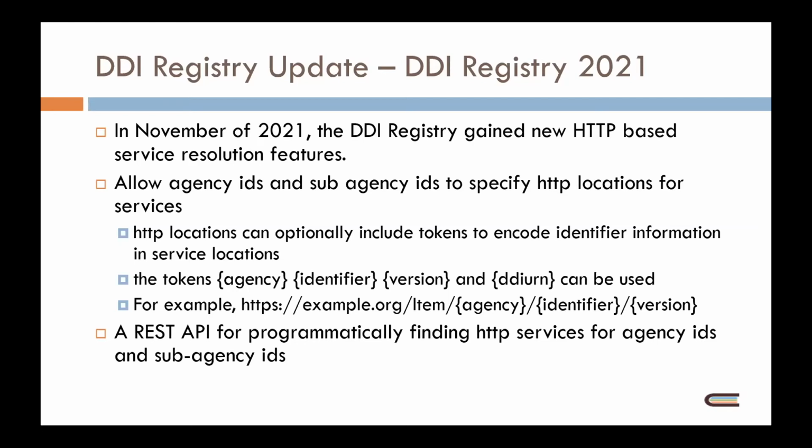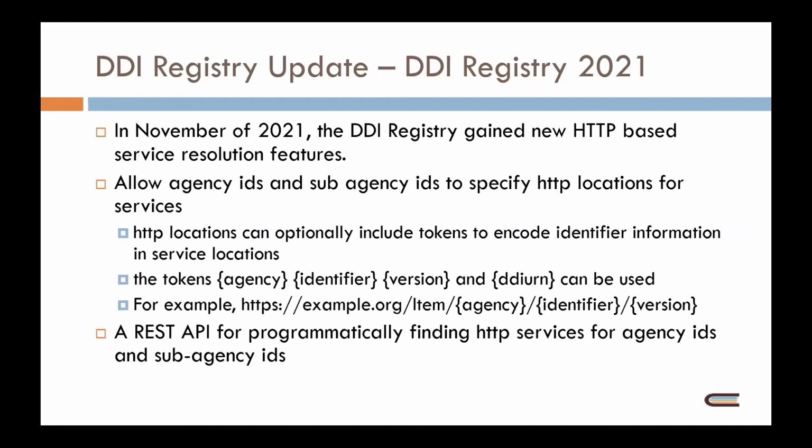It allows agency IDs and sub-agency IDs to specify services that the organizations or individuals that registered them are providing for DDI lookup. But in addition to just that host and port, this also allowed HTTP locations to be given as services.